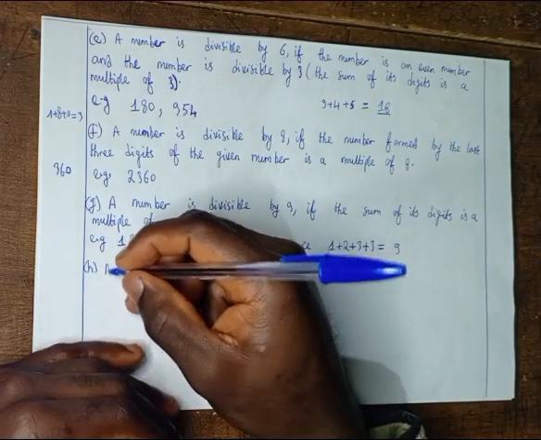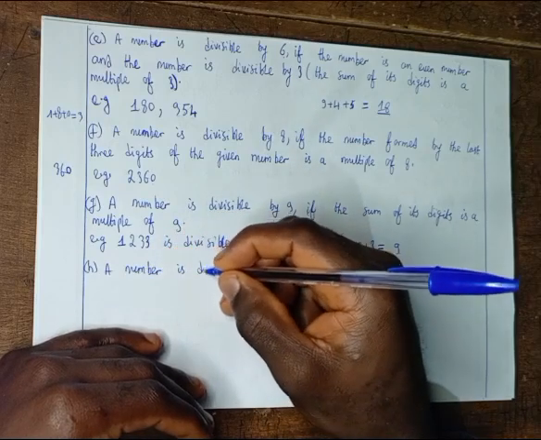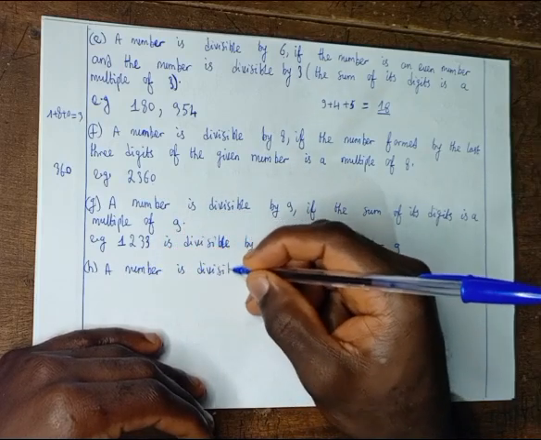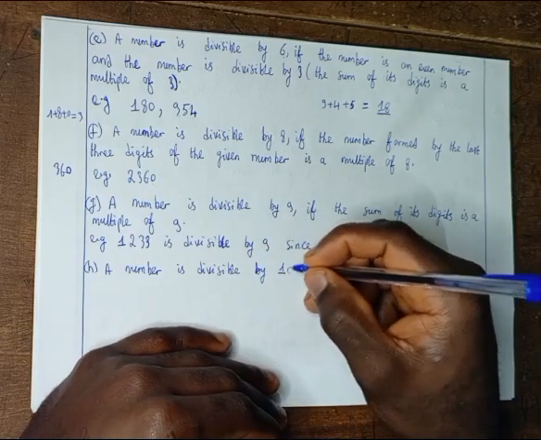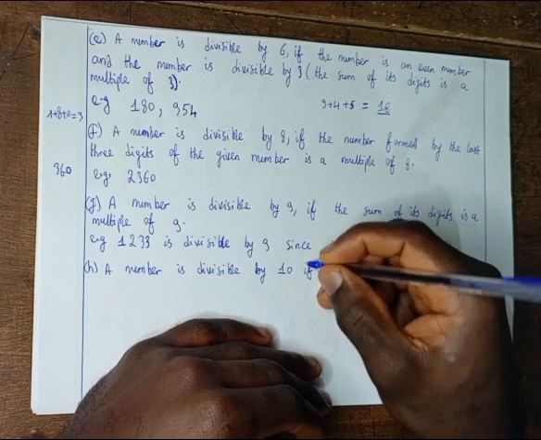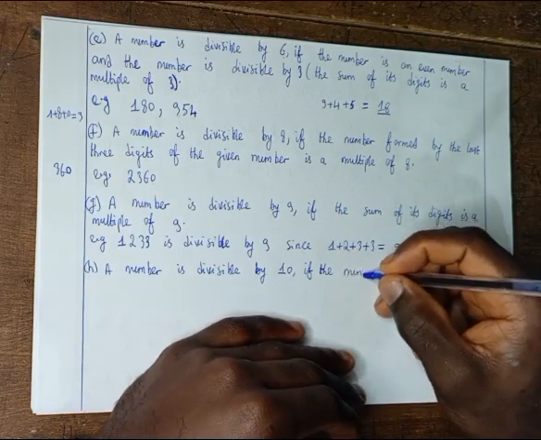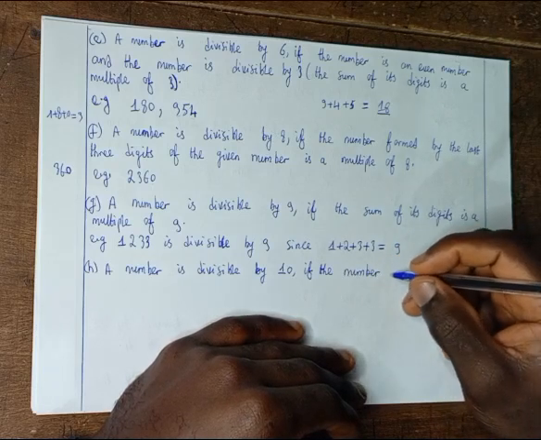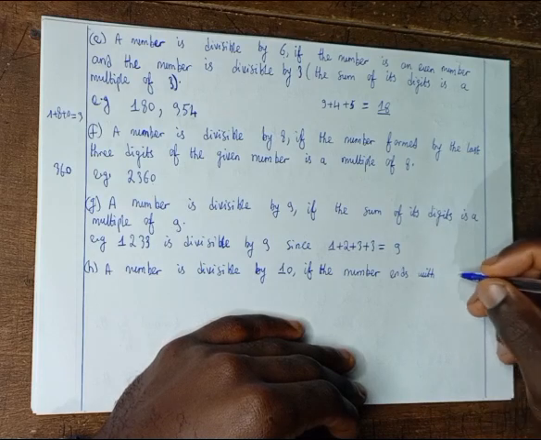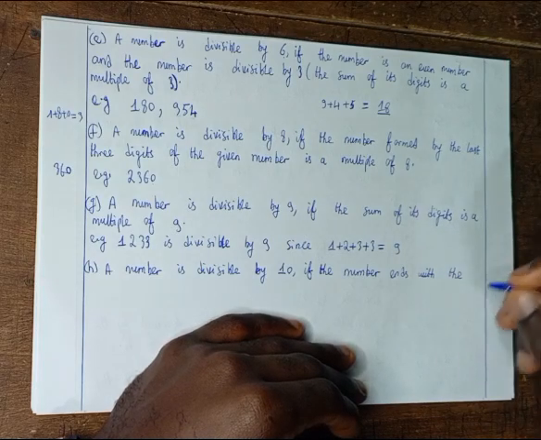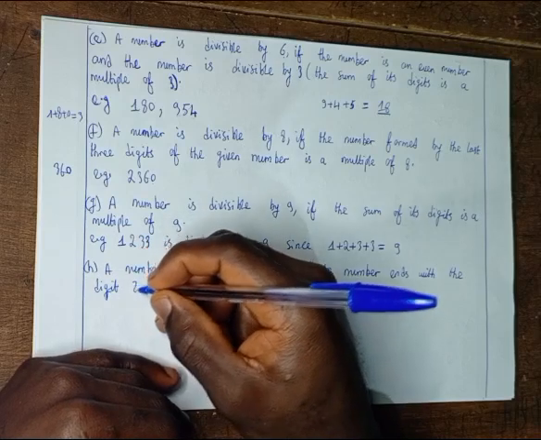H. A number is divisible by 10 if the number ends with the digit 0.